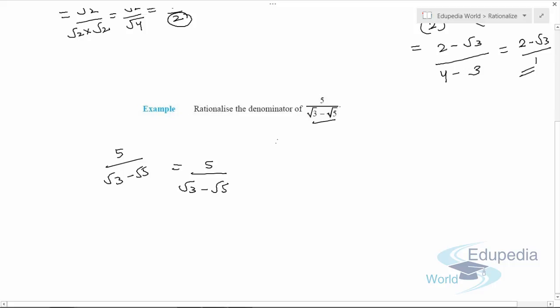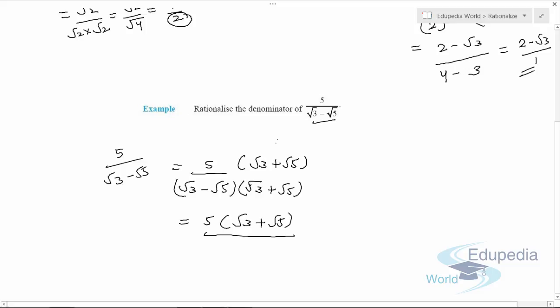So for rationalization, we have to multiply with the same number but with the opposite sign. So we multiply this with under root 3 plus under root 5 and the numerator also. So we get 5 into under root 3 plus under root 5 upon, now this becomes the identity (a minus b) into (a plus b).